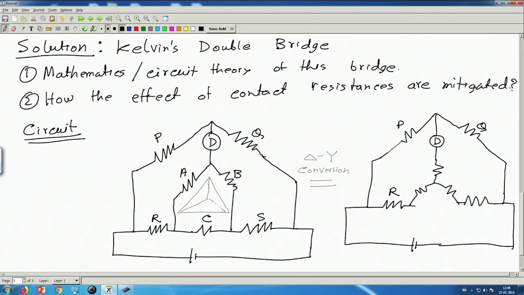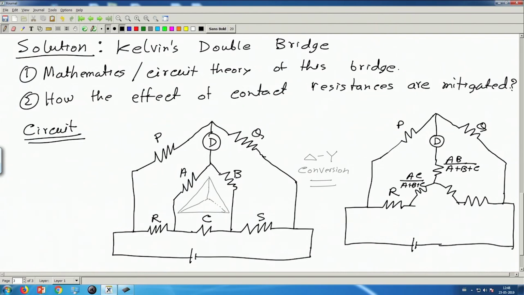Okay. So, this branch will be A B divided by A plus B plus C. This is this resistance. This resistance will be how much? This is this branch. This will be A C divided by A plus B plus C. What will be this?